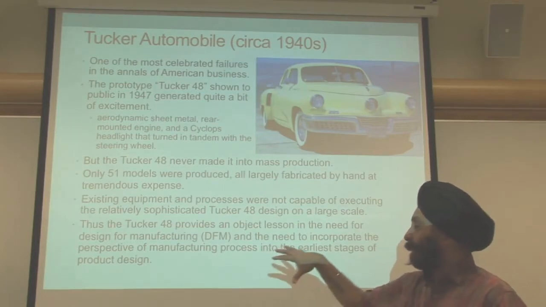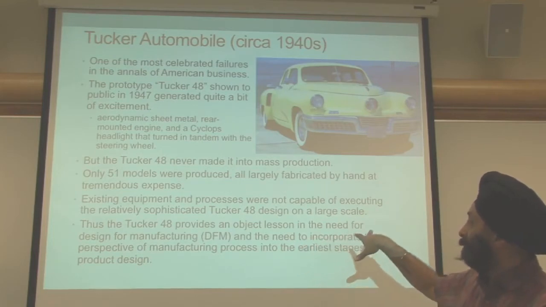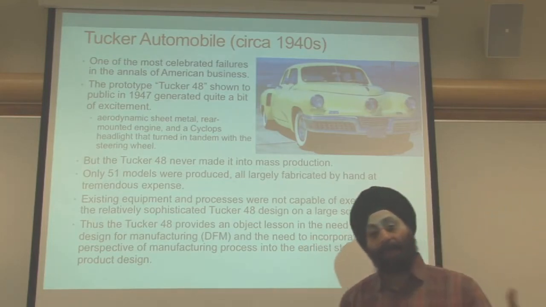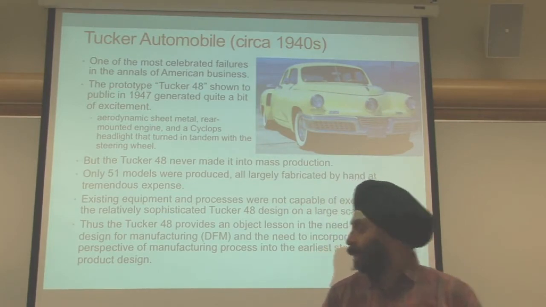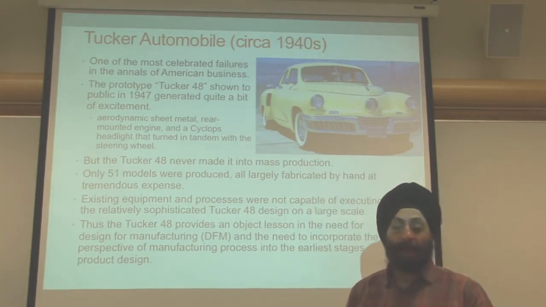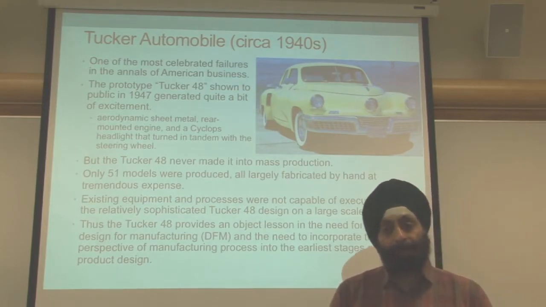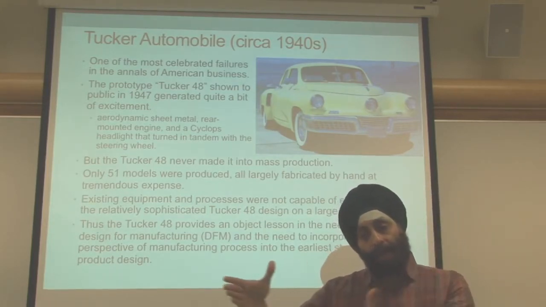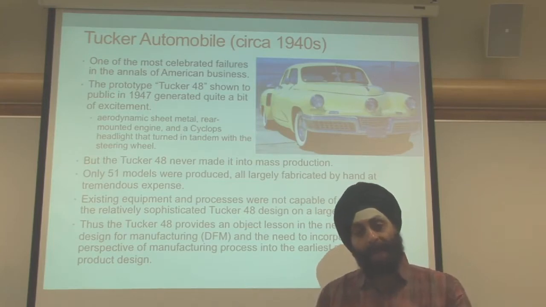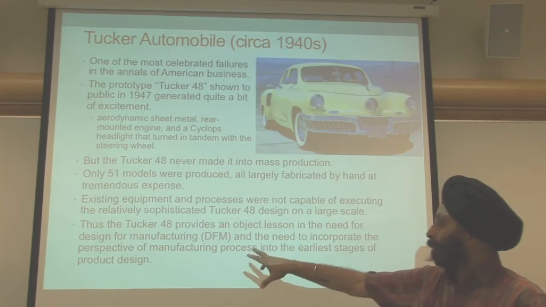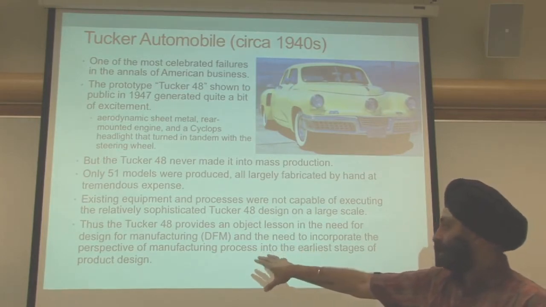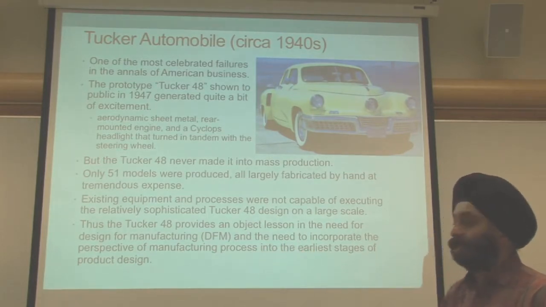So this model provided an object lesson for the need for design for manufacturing. That's something we have discussed in the previous chapters in the product design topic. Design for manufacturability means making sure we have the necessary production processes to deliver the right product design. So there was a need to incorporate the perspective of the manufacturing process into the early stages of product design.